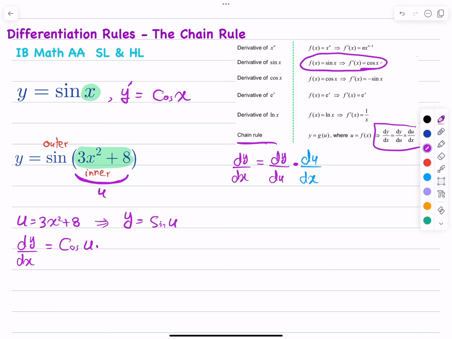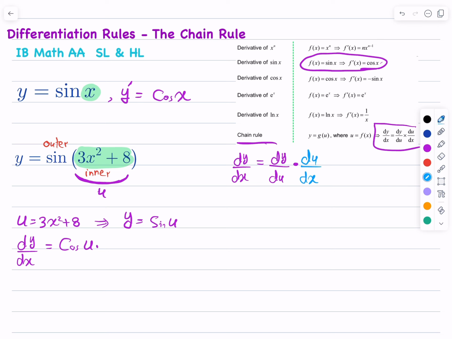Then times, now, here we have a very important fraction. du over dx always represents the derivative of the inner function u with respect to x. So this is the idea of the chain rule. After we differentiate the outer function, then we multiply by the derivative of the inner function u with respect to x.